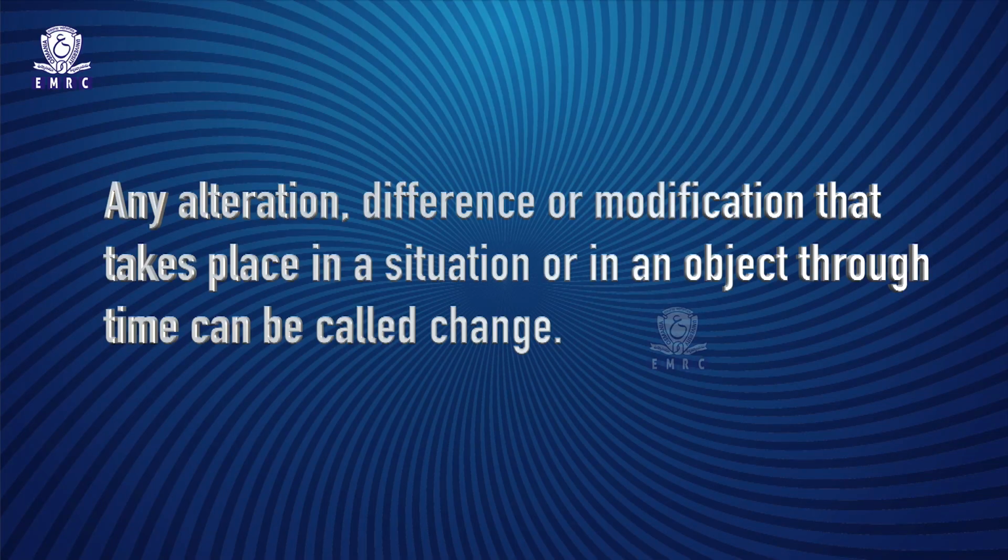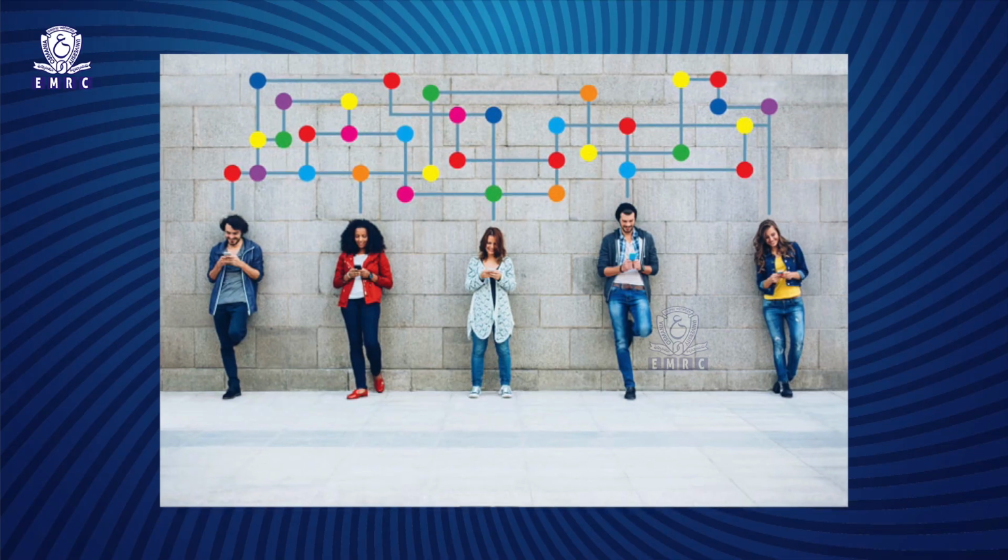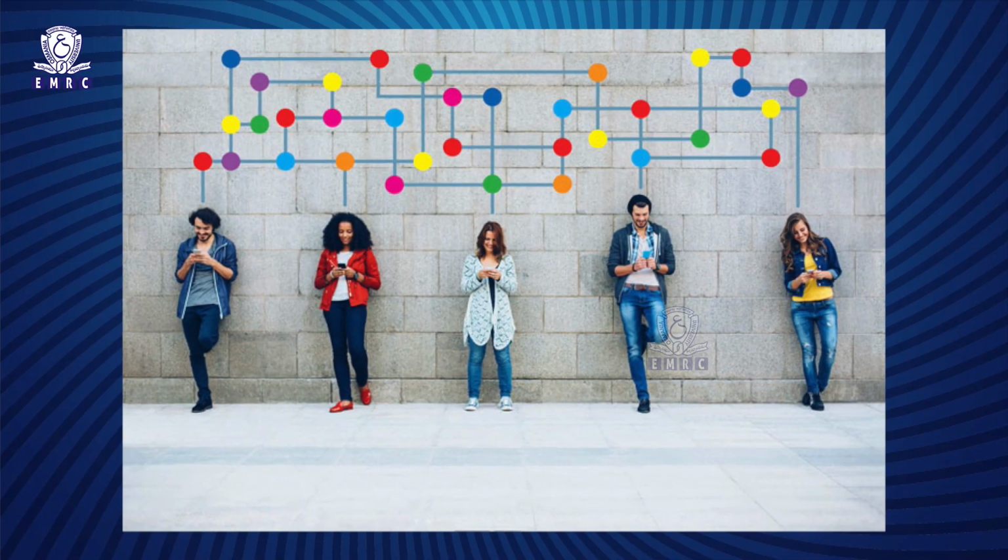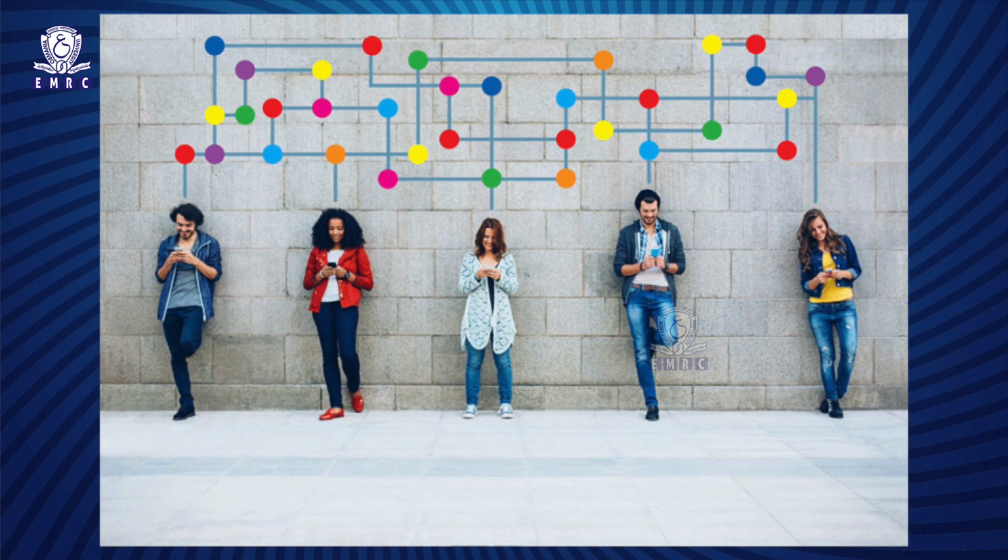Any alteration, difference or modification that takes place in a situation or in an object through time can be called change. The term social change is used to indicate the changes that take place in human interactions and interrelations.